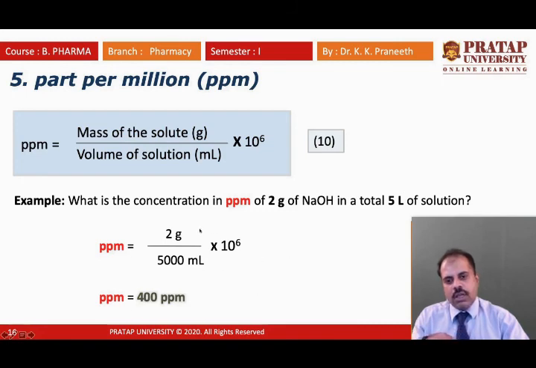In the exam, for the brainstorming session, I will change the values and give you the question. So you have to be able to understand and solve this problem, whatever grams, milligrams, liters or milliliters are given in the question. Students should practice enough.